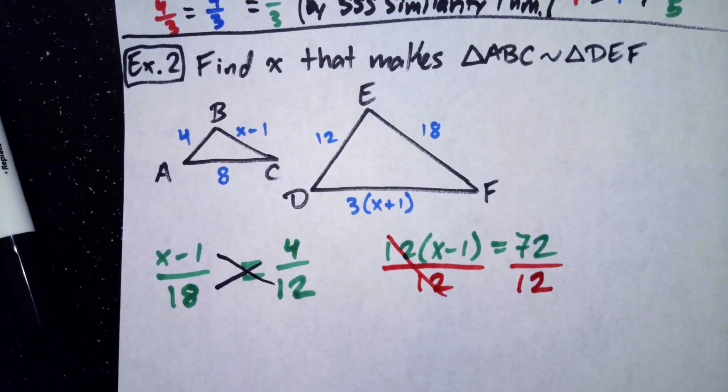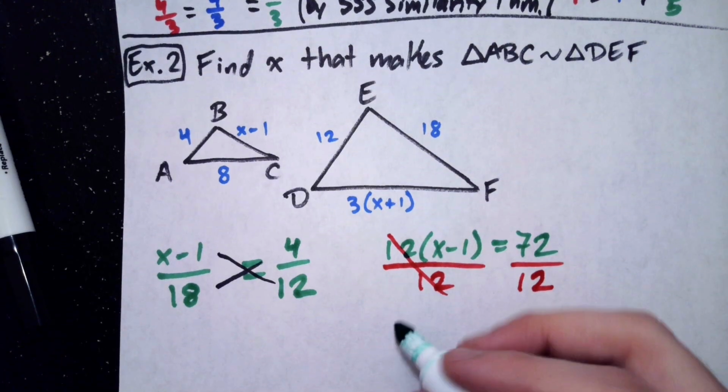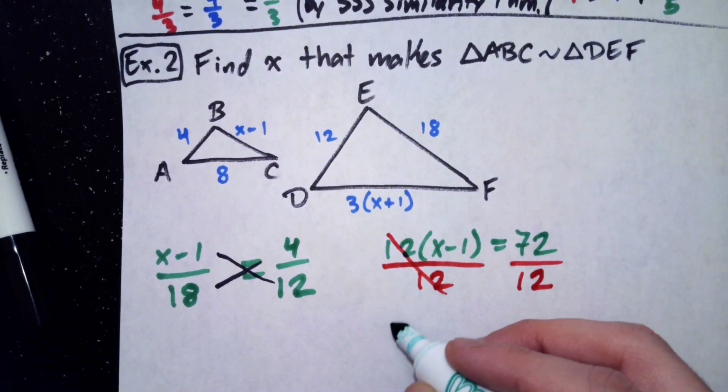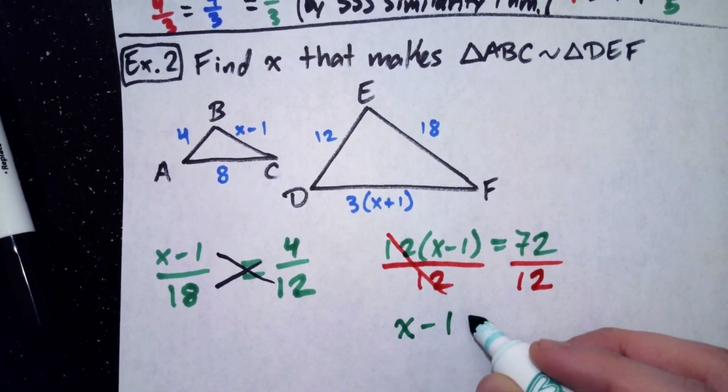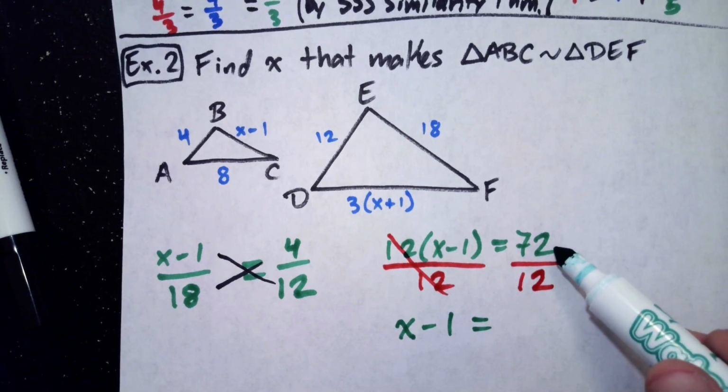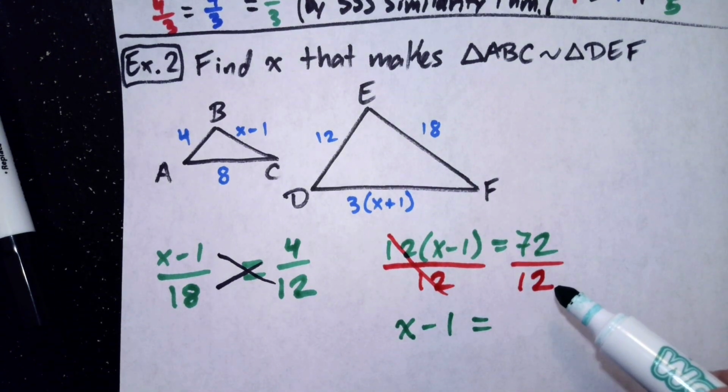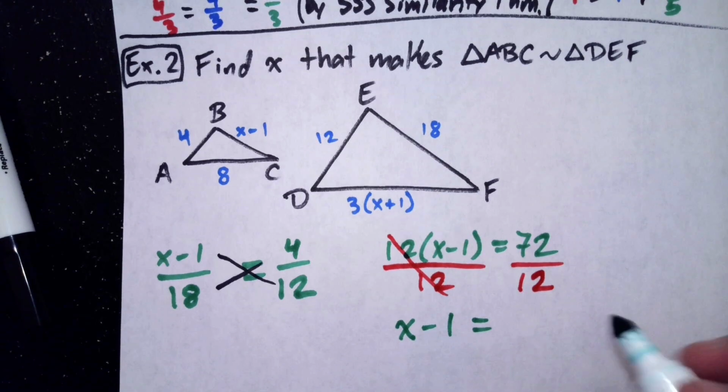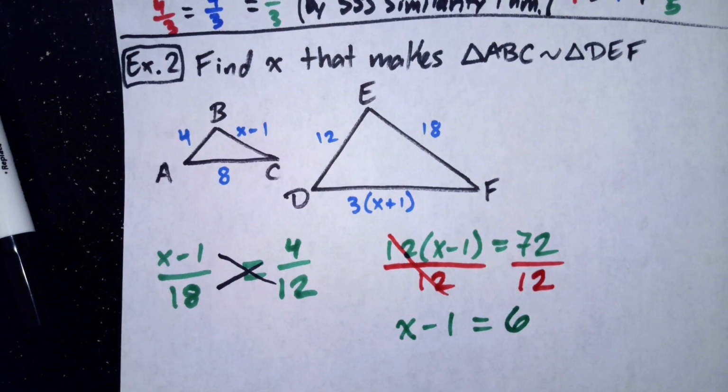It's actually a 1 now. And all we are left with on this left side is x minus 1 is equal to 72 divided by 12. If we know our times tables, that should be 6. And then if we're really good at mental math, we can figure out that some number minus 1 gives me 6. That secret number should be 7.